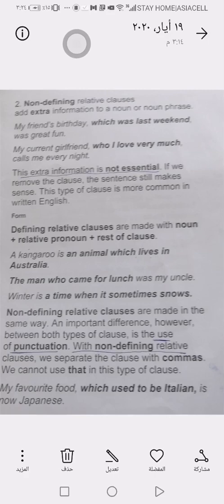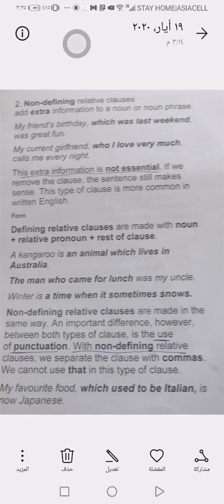With non-defining relative clauses, we separate the clause with commas. We can't use that in this type of clause. That means we can use that with defining relative clauses, but we can't use that with non-defining relative clauses.